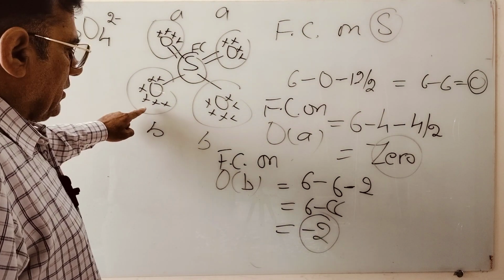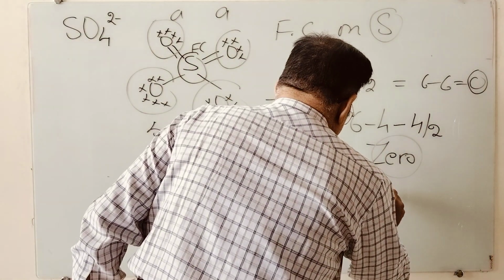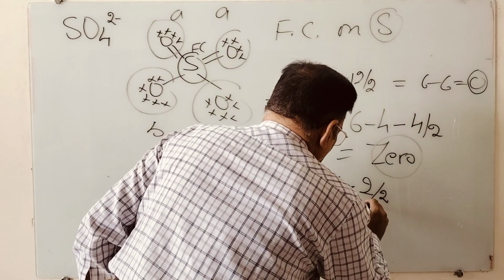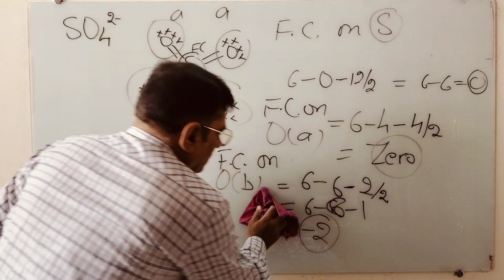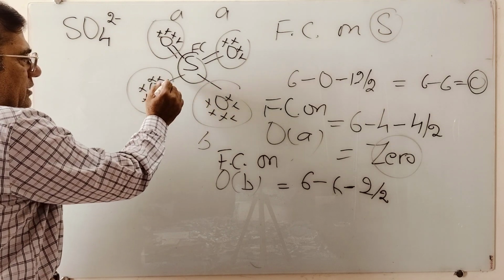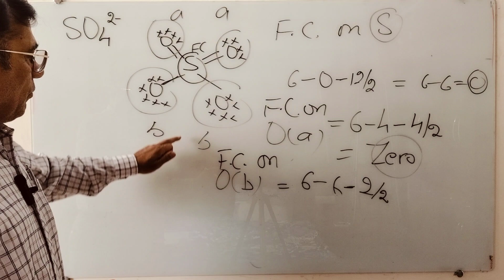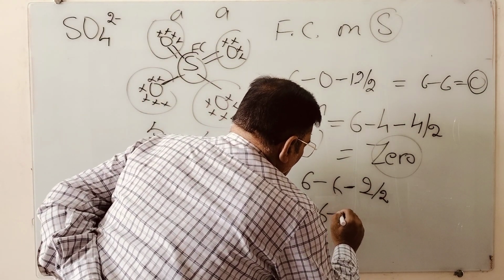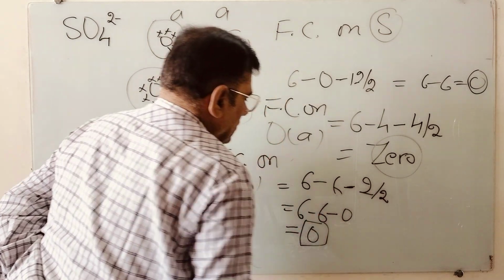Group number is 6 minus 6. That is divided by 2. So 6 minus 6 minus 1. That is formal charge. I am sorry. I have rectified it. Because group number 6, non-bonding electron 6, these are 2. So I will divide 2 by 2, half the number of bonding electron. So 6 minus 6 minus 0, I can say the formal charge is 0.